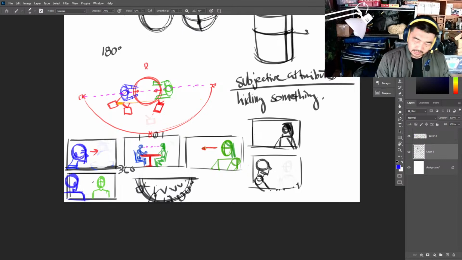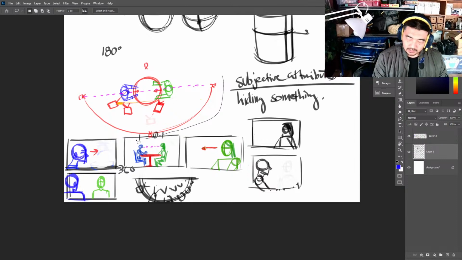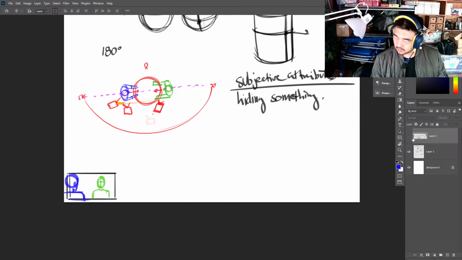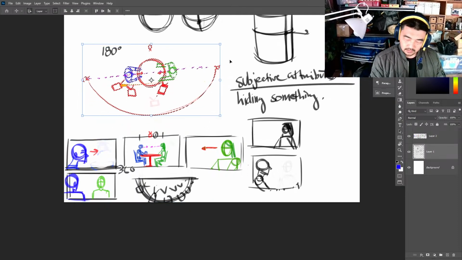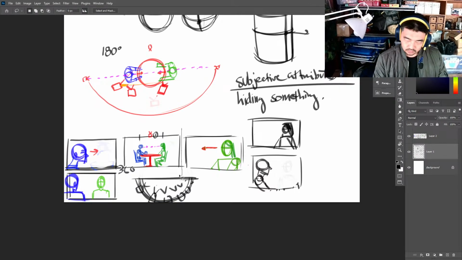Like that. And this still works. Now, why does this still work? Because this person is on the right side, the blue is on the left side. All right, let me take these images, start with the wide.